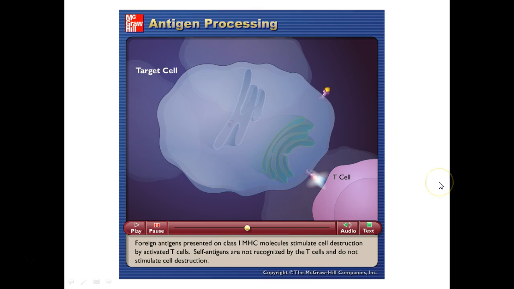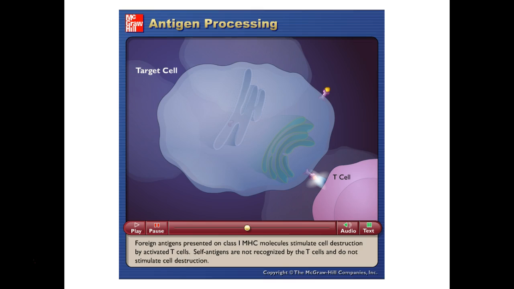Let's be more specific here, though. What type of T cell is going to kill an infected cell? A cytotoxic T cell, which has CD8. Remember, 8, eat. Destruction, think of that.